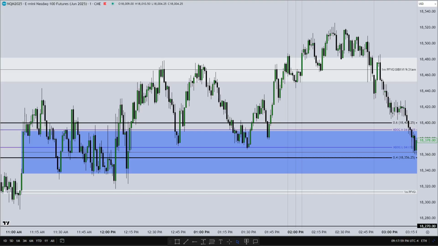We want to wait for it to trade below it, close below it, and then we want to identify the dealing range, identify the equilibrium and look at the premium, and then we want price to trade up into it, and that is the highest point or form of short selling.